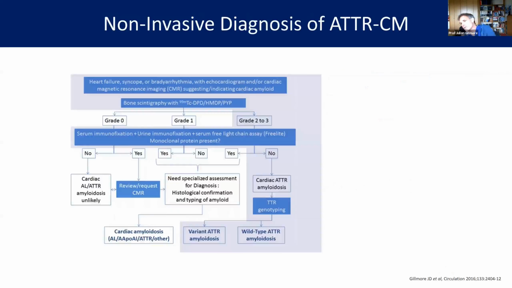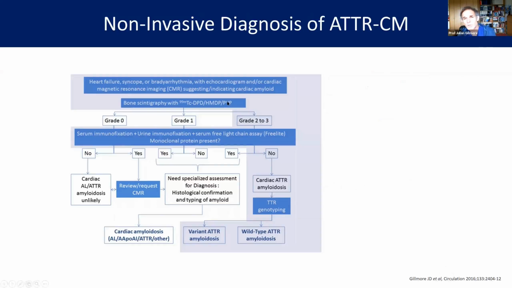And as a result of these two tests, some years ago, in a global collaboration with a whole range of amyloid centers around the world, we were able to establish a means of diagnosing cardiac ATTR amyloidosis without the requirement for a biopsy. As I told you earlier, the challenges of a biopsy were very considerable.